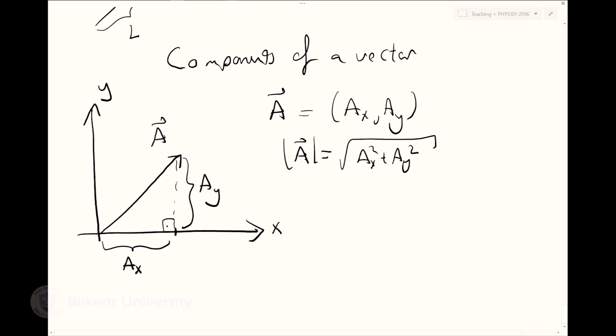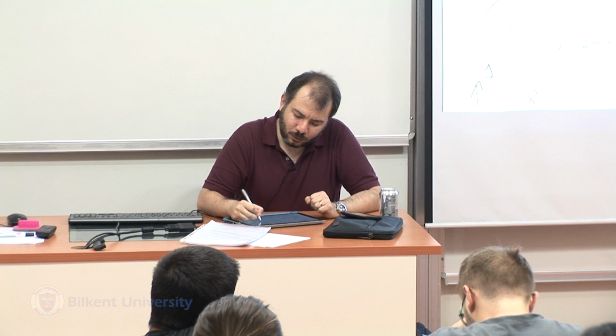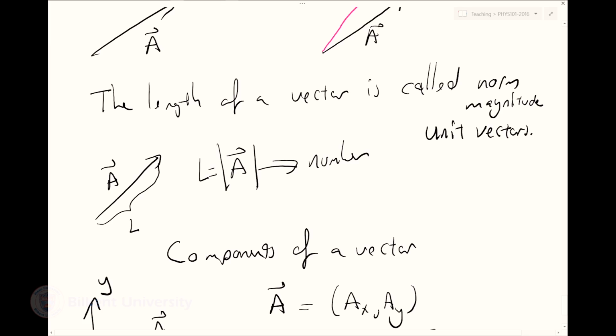Now, this is not all. I would like to invent a new kind of notation. First, let me make a definition. I'll talk about unit vectors. It's not something to be scared about. A unit vector has only one definition.